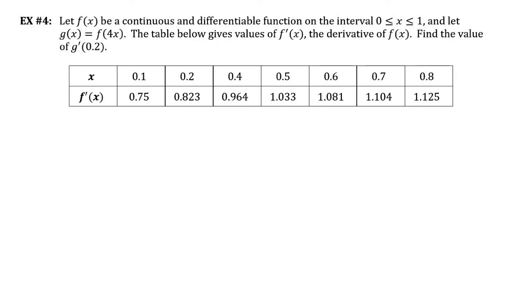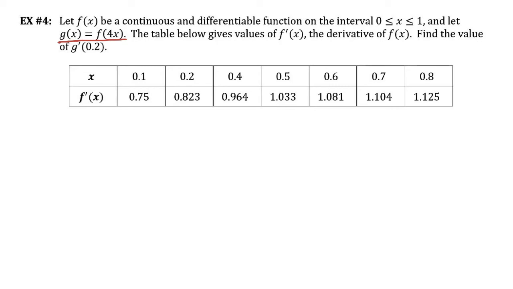Alright, so for our next example, let's see what it's going to ask us to do. We're told that function f is continuous and differentiable over an interval from 0 to 1, and very importantly, we're told that g of x is equal to f of 4x.